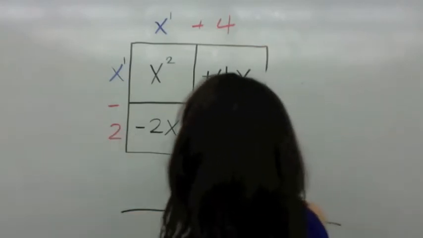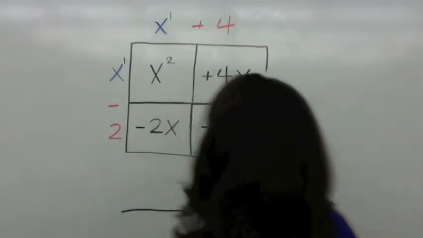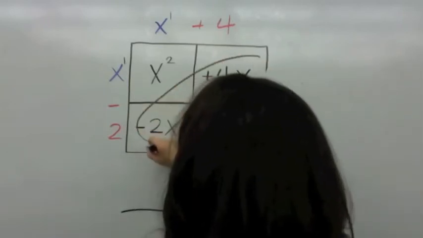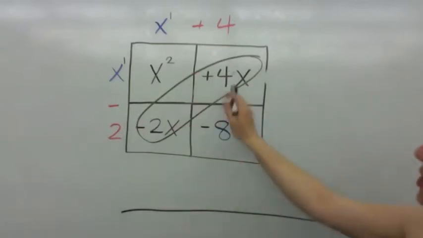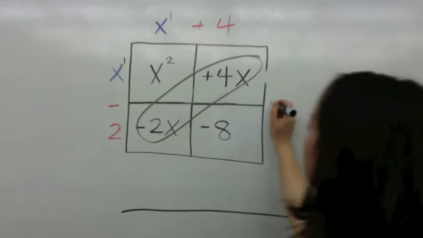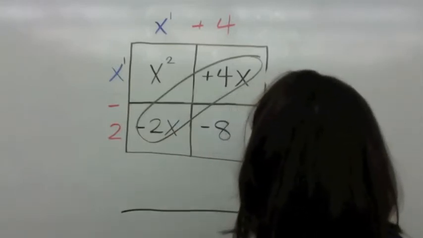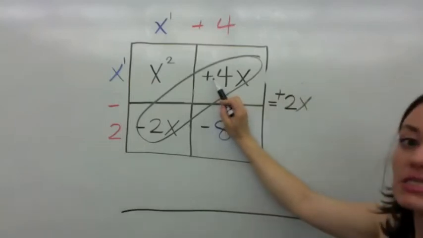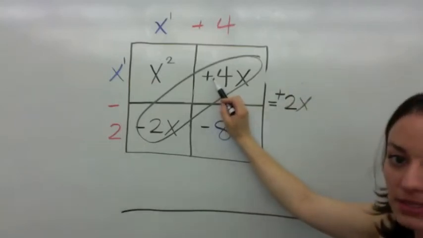That makes negative 8. What are your like terms? The linear terms. So you circle those. That's a positive 4 minus 2. 4 minus 2 is 2x, and that is positive because the bigger number is positive.